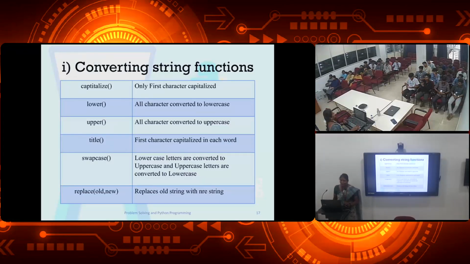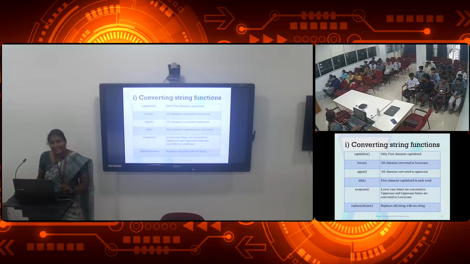Next are the string functions for converting case: lowercase, uppercase, or title case. Title case means only the first letter is a capital letter. Swap case means we can change lowercase to uppercase and uppercase to lowercase. Or replace the string, which means we can replace an old string with a new string.